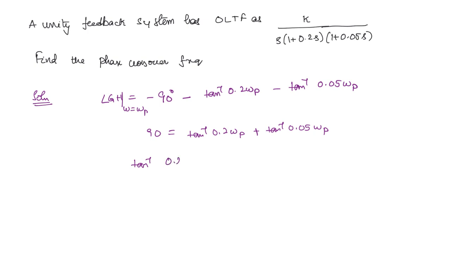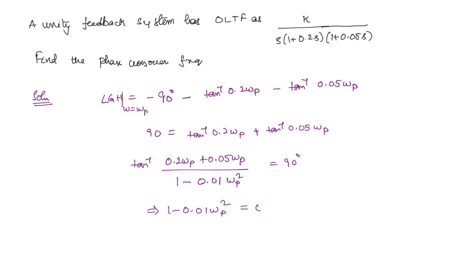Tan inverse of (0.2 omega p plus 0.05 omega p) divided by (1 minus 0.01 omega p square). This is equal to 90. So 90 degrees will occur only when this is infinite, and this will be infinite when the denominator is 0. So 1 minus 0.01 omega p square is equal to 0. If you solve, omega p is equal to 10 radian per second.